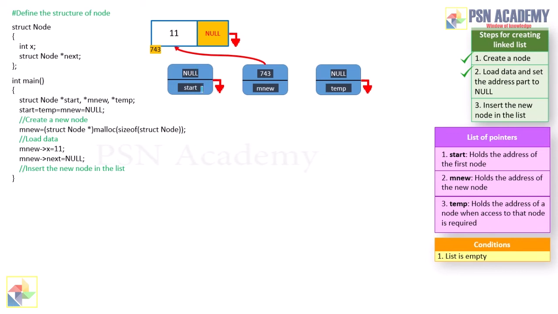That means there is not a single node inside the list. So we write like this. If start double equal to null, then the mnew will be the first node. So we write start equal to mnew. So now start will hold the address 743 here.